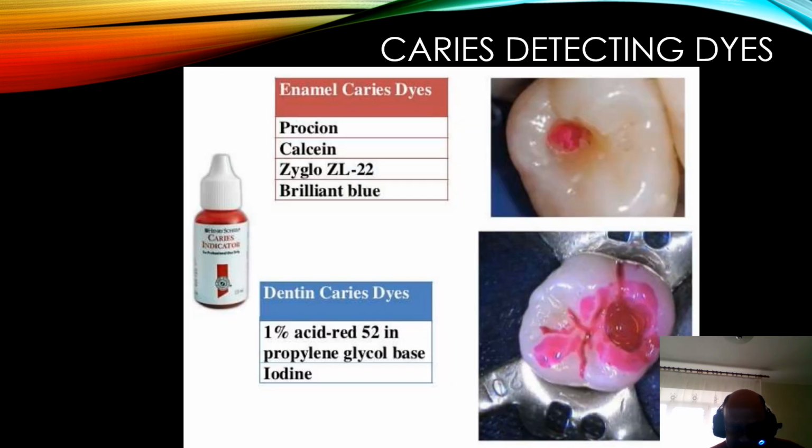There are two types of caries detecting dyes: enamel caries dyes, which include Protion, Calcine, Ziglo ZL22, and Brilliant Blue, and dentine caries dyes, which include 1% acid red 52 in propylene glycol base and iodine.